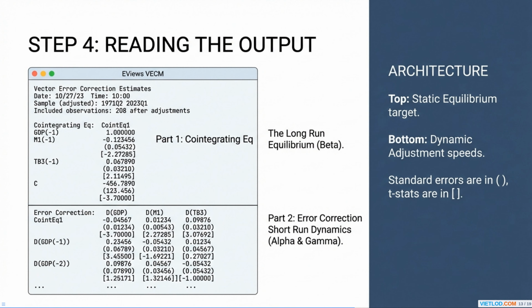This slide provides an overview of how to read the EViews VECM output. The output is typically divided into two main parts. The top section, labeled Part 1, Cointegrating EQ, represents the long-run equilibrium relationship, defined by the beta coefficients. This is essentially the static equilibrium target of the system. The bottom section, labeled Part 2, Error Correction Short-Run Dynamics, contains the alpha and gamma coefficients.